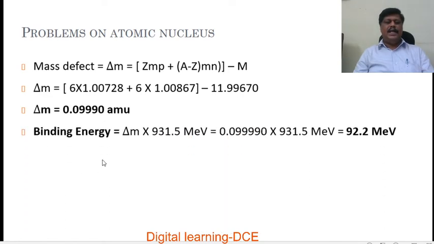And the binding energy, you already know, is given by mass defect in AMU multiplied with 931.5 MeV.